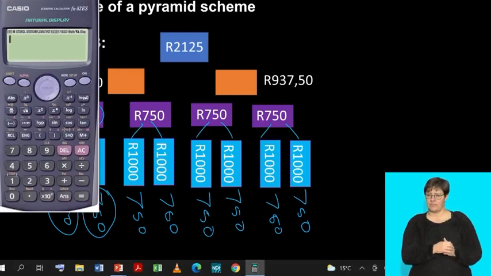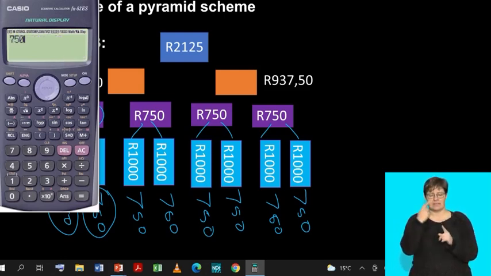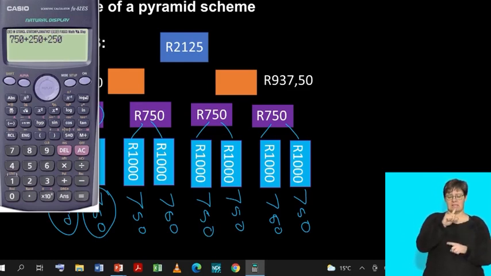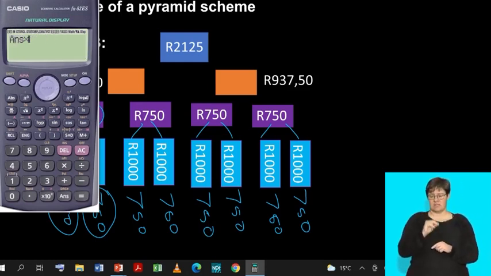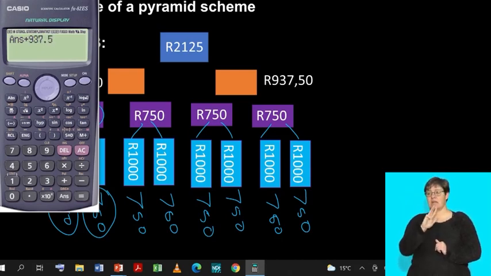The person with the 750 rand will get 250 from the first person and 250 from the second person. Not multiply, add. Now the calculator is multiplying 250. And then from this, they must take out the 25%, which is that 312, and they're going to give this to the person with the 937 rands and 50 cents.